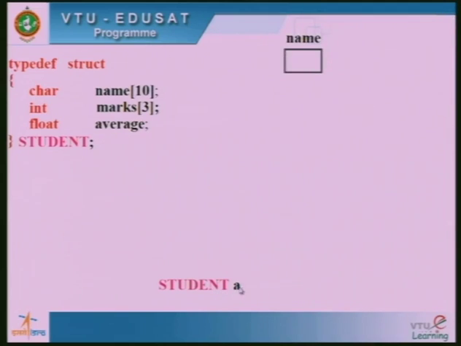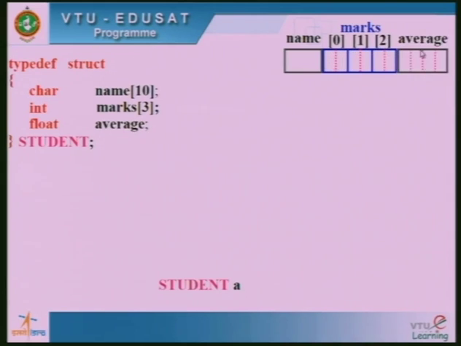So the moment I say A is of type student, what will happen? Memory will be allocated for name, 3 bytes for integers, and those 3 locations are identified by marks. So how to access this field? I can say marks of 0, marks of 1, marks of 2, and for average, how many bytes?